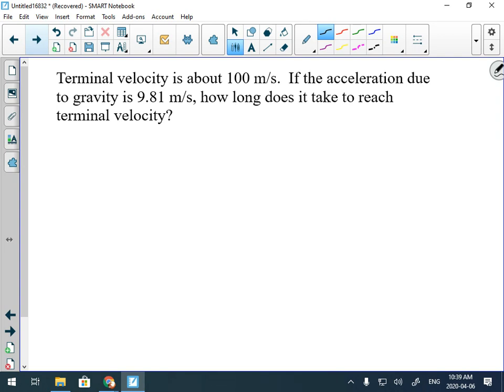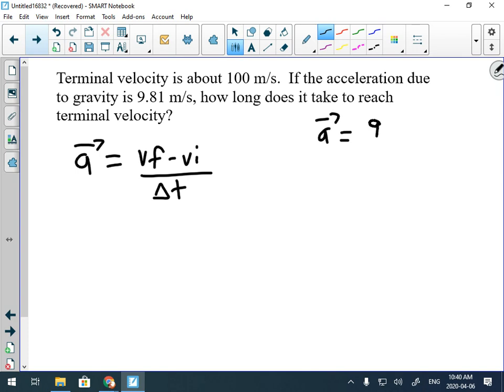So let's just set up our formula. Acceleration is equal to Vf minus Vi over change in time. Okay? Now, what's different about this is it gives us the acceleration. All right? Now, our final velocity is 100 meters per second. Before you started to fall, what do you think your speed was? 0.